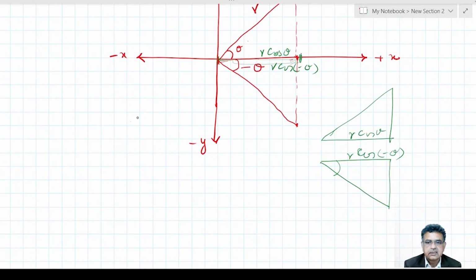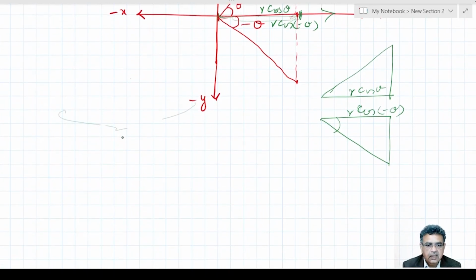In both of the cases you can see that since both are moving this way towards right, therefore their length is same. So r cos theta is equal to r cos minus theta.